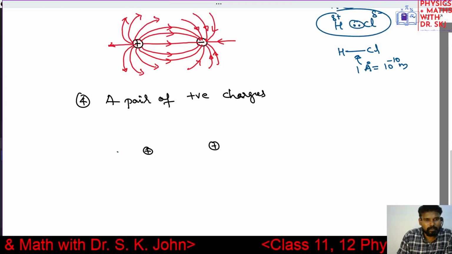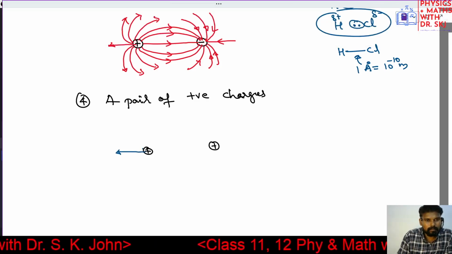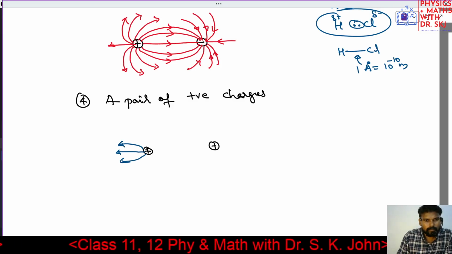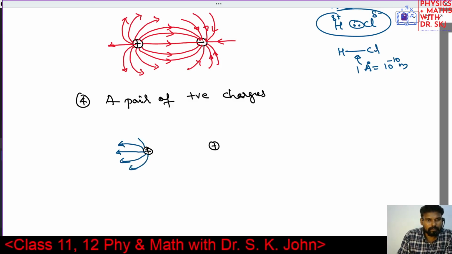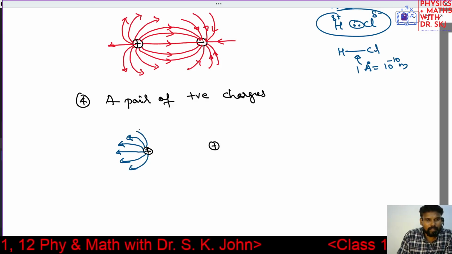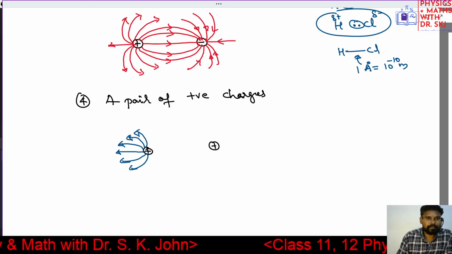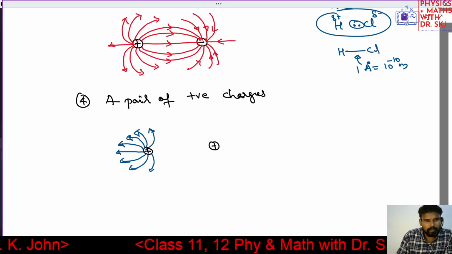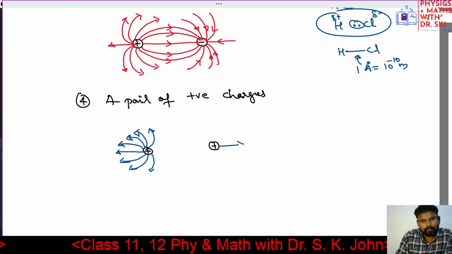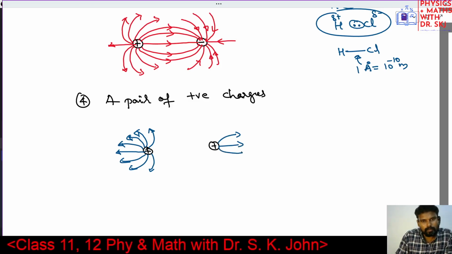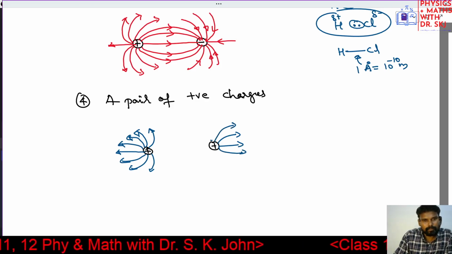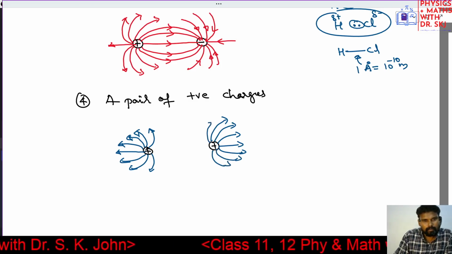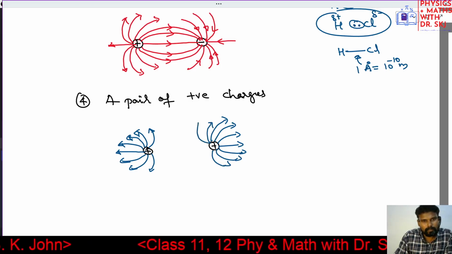So how we draw is like this. The field is repulsive. It bends away because of repulsion. Yeah, the field should be drawn like this. Here also, the copy of that. The field bends like this.